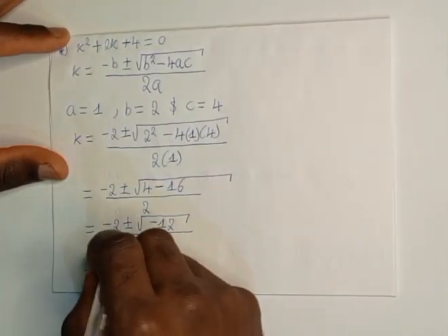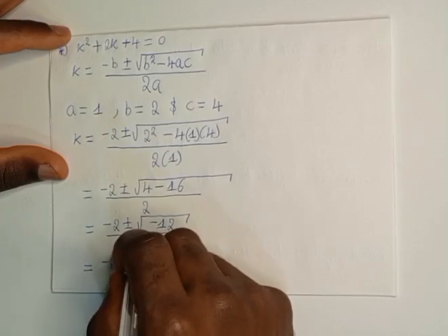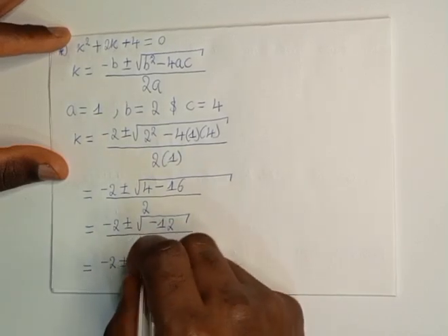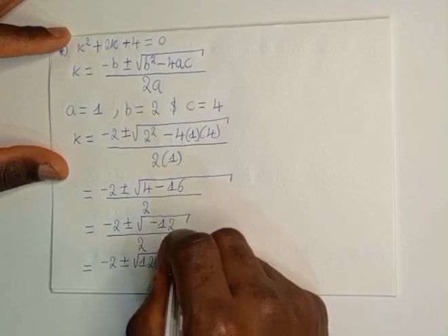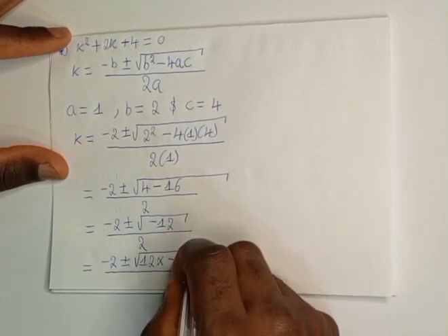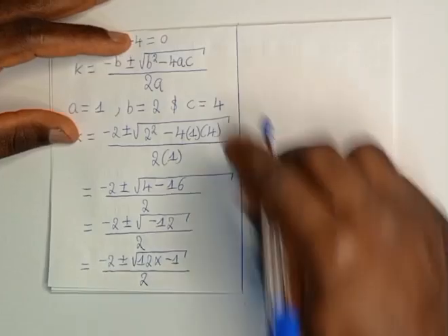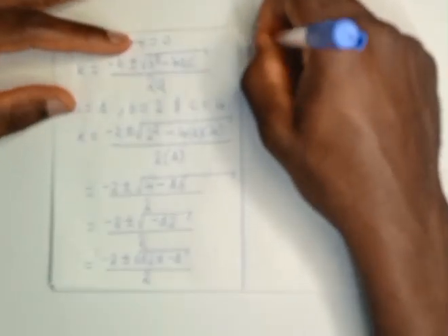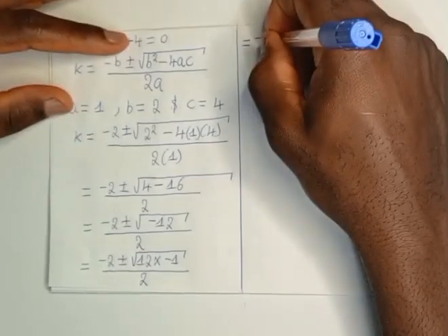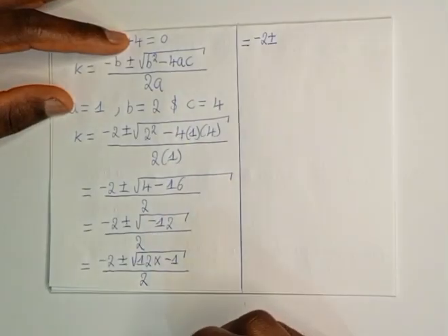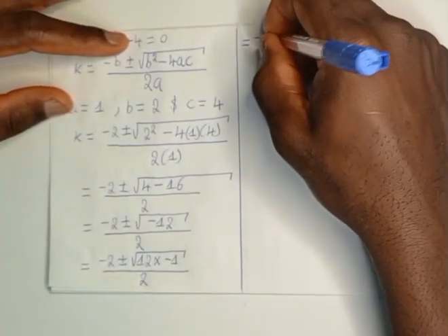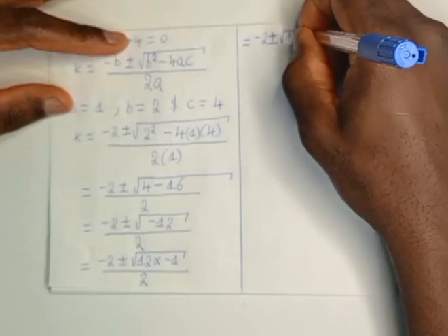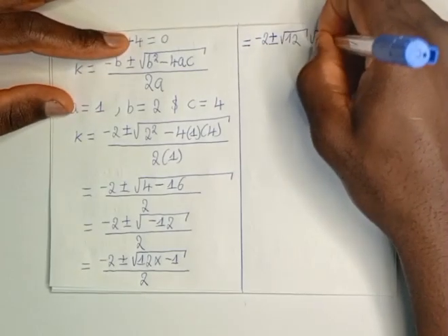This will simply be equal to negative 2 plus or minus the square root of negative 12, which can be expressed as 12 times negative 1. We divide by 2. The square root of 12 times negative 1 can be broken as the square root of 12 times the square root of negative 1.